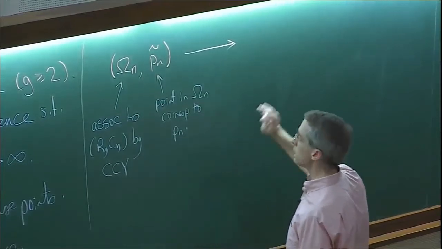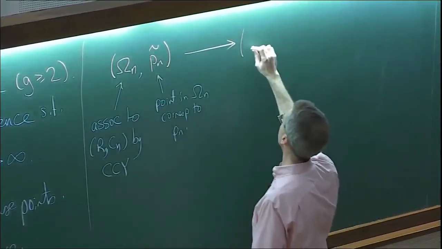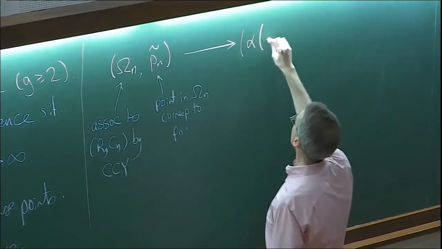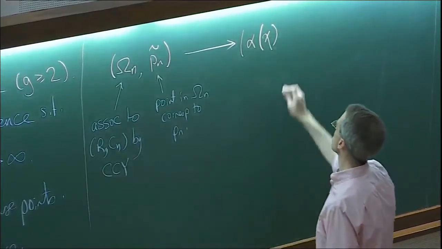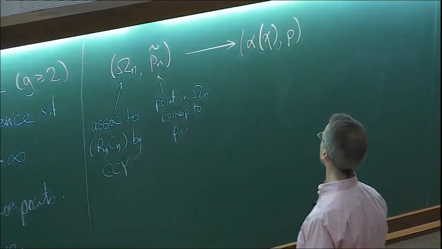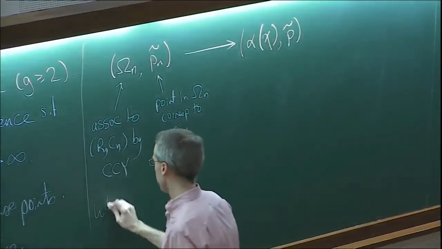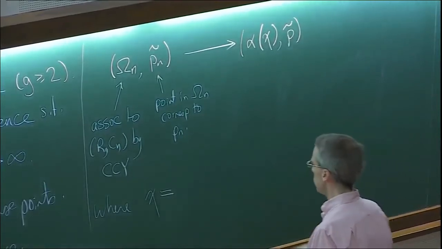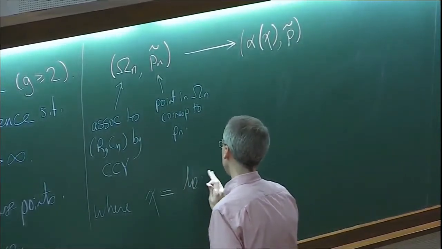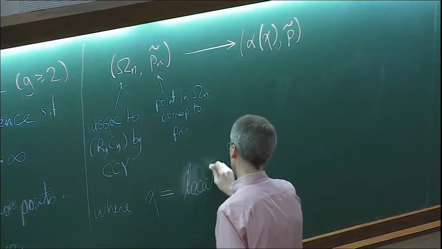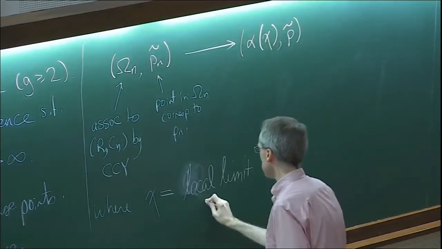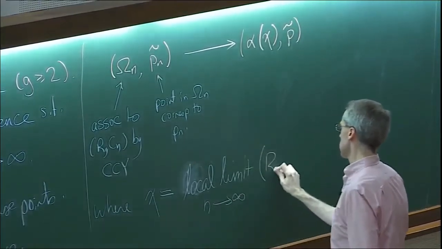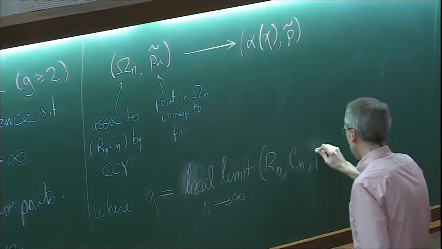And these converge in a topology that I'll tell you about in a moment to a specific polygon, alpha of chi, and some point P, where chi is a monic polynomial that I will call the local limit as n goes to infinity of the sequence of cubic differentials Cn about the base points Pn.